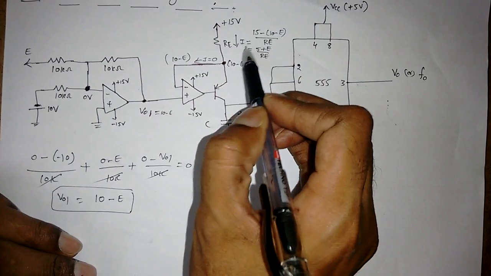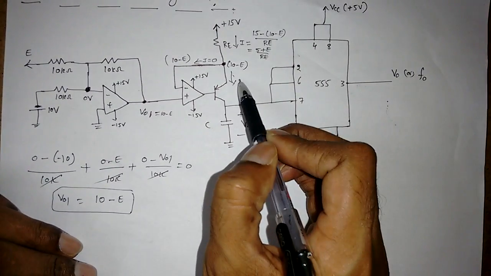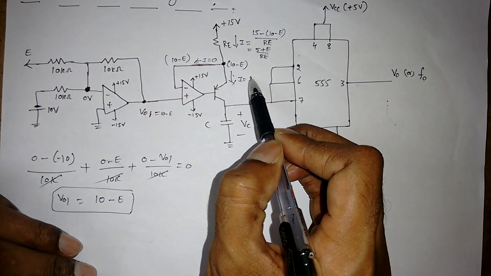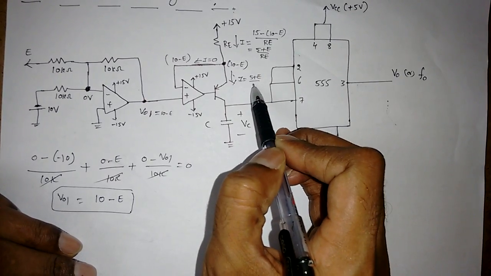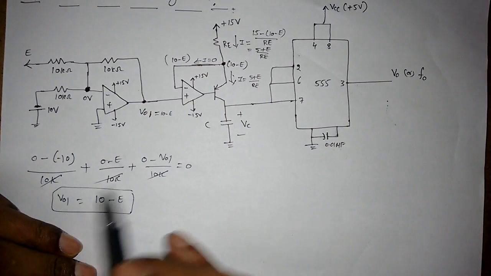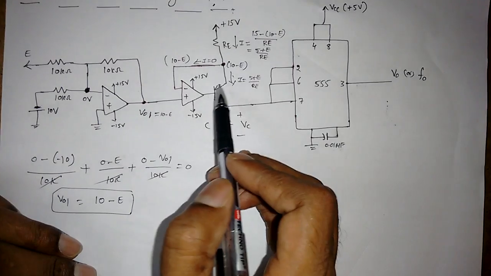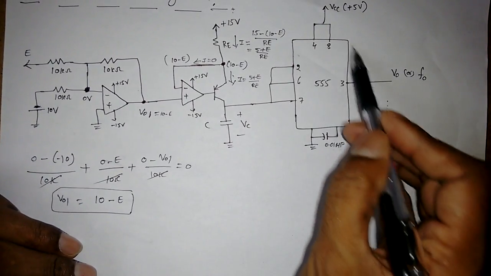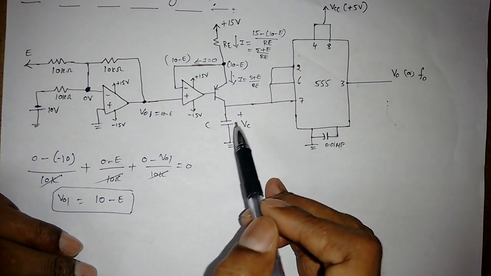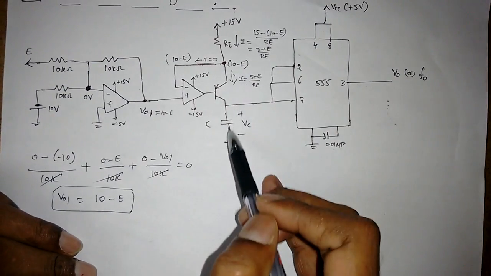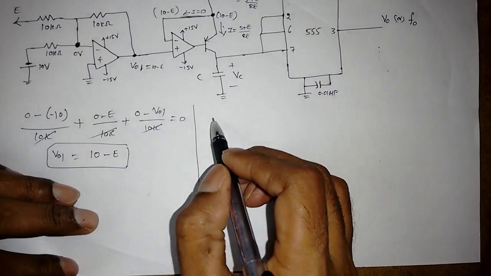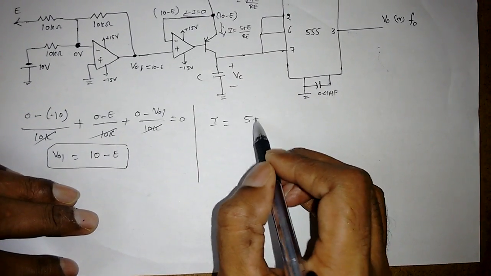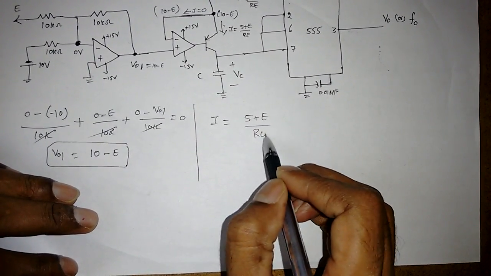So whatever current flows through this transistor, I is equal to (5 plus E) by RE. We need this current because whenever the astable multivibrator is operating, the capacitor charges through this path only. That's why I am finding the current I here. So by the analysis, we got I equal to (5 plus E) by RE.